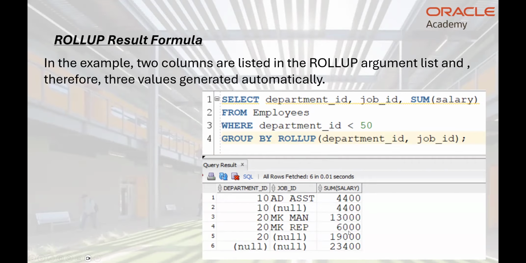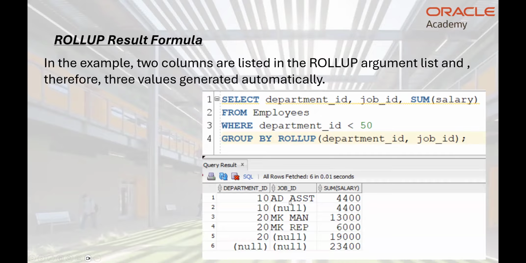Right? 1, 2, 3: 4,400, 19,000, and 23,400. So that's how you would determine two columns, and there's going to be 3 results, two subtotals and a grand total, right? That's what it means. That could be a little confusing, but that's what we're trying to accomplish here.